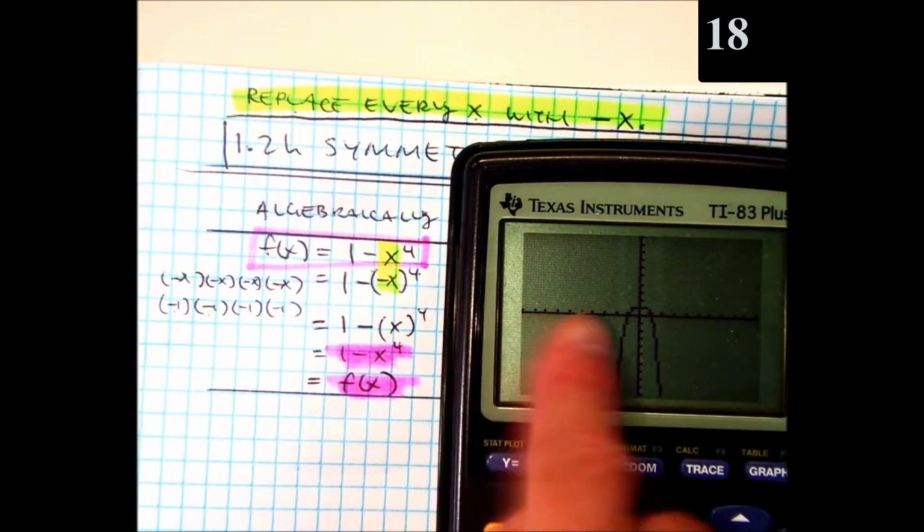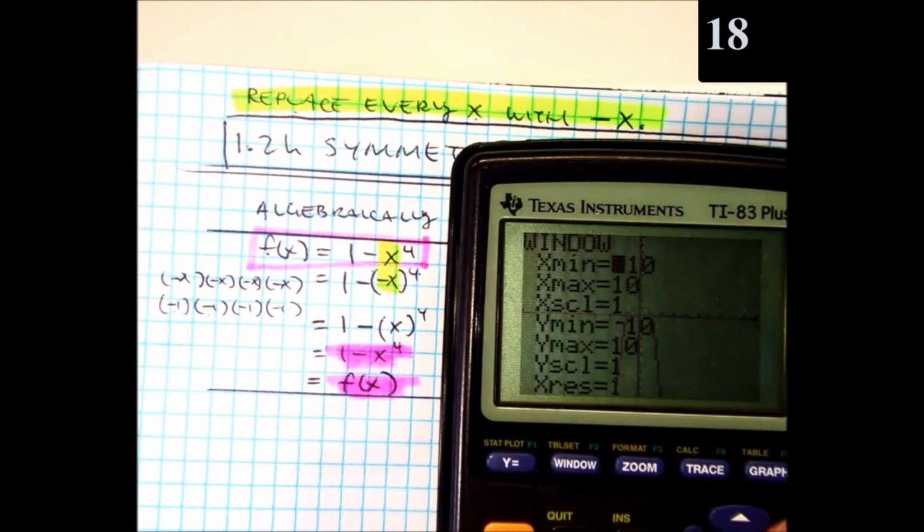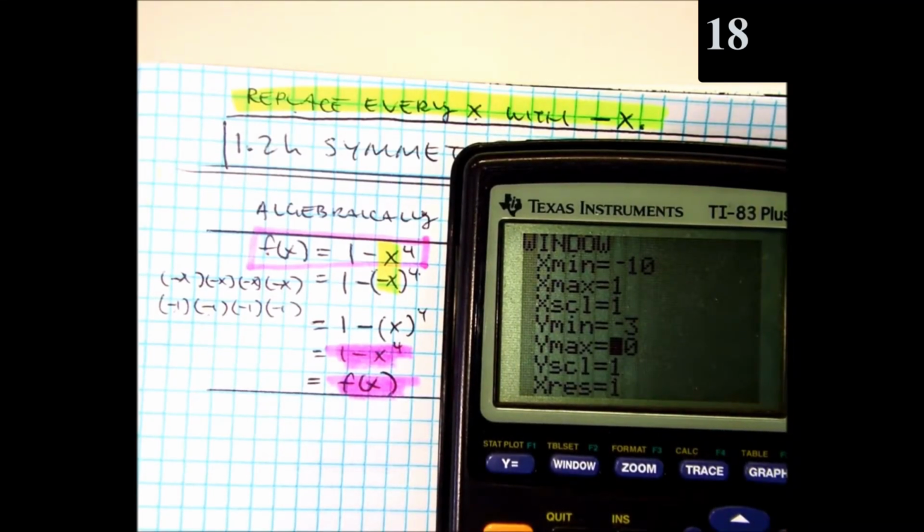This probably looks like -3 and +3, so let's change that. Whoops, that should be -3. Sorry, go back. -3, +3. Y minimum, -10.